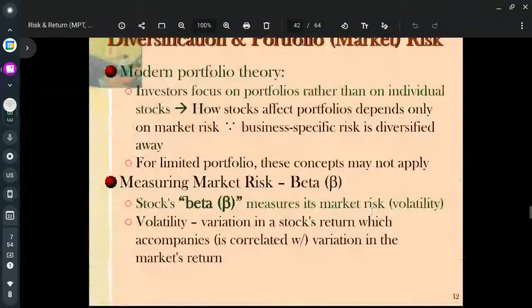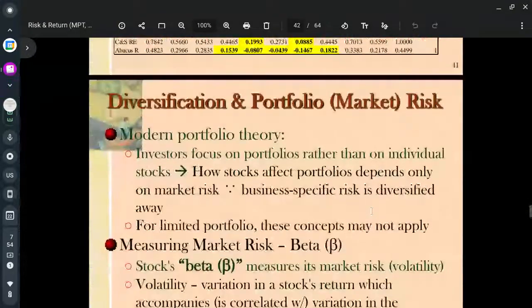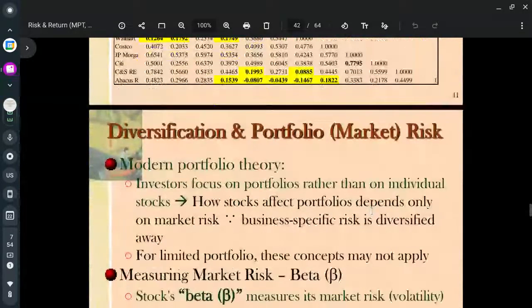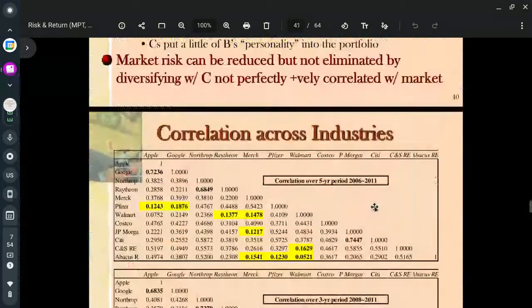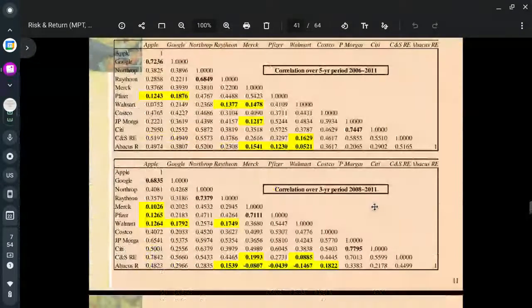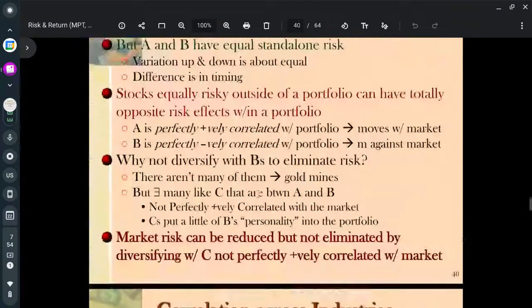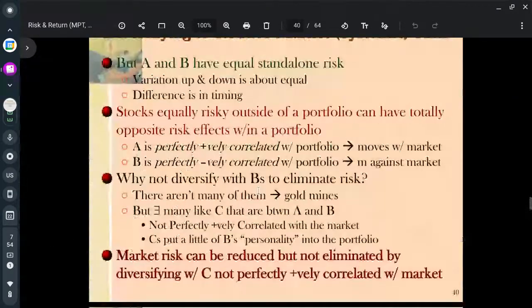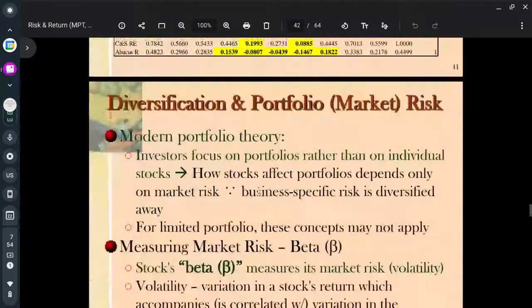Now, I understand that by diversifying the portfolio with a lot of industries, especially if they are negatively correlated or lowly correlated, then we have a good chance of getting rid of or diversifying away the unsystematic return.